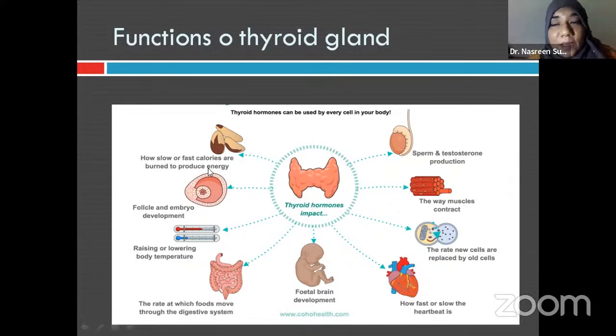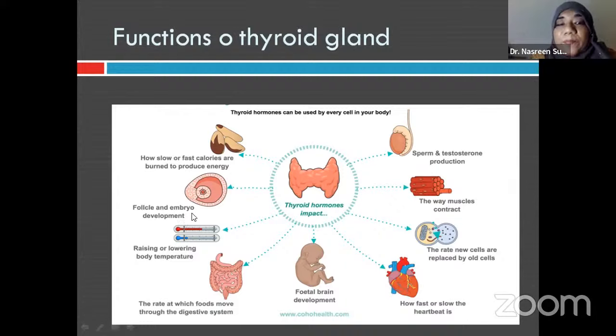If it is hyper, the patient will be very thin, meaning the BMR is very high. If it is hypothyroidism, the BMR will be less, and the patient will become very stout.